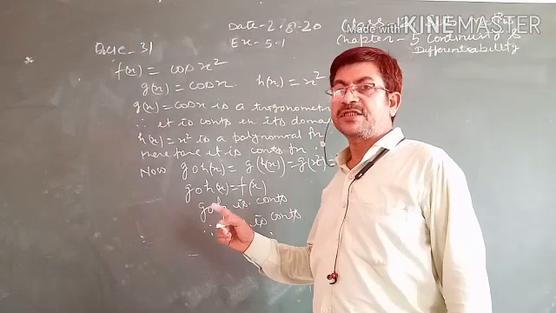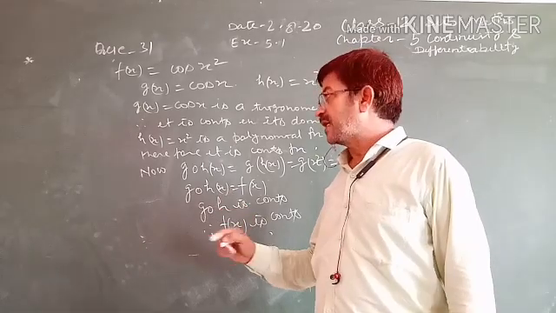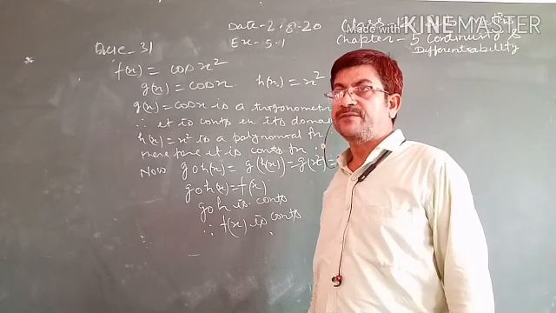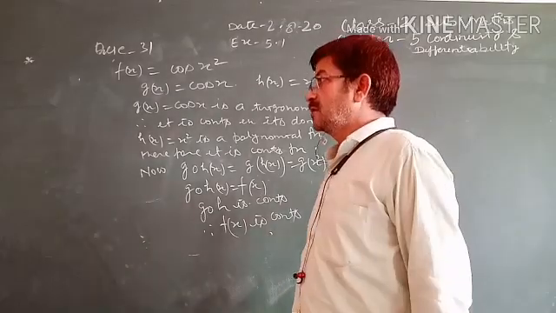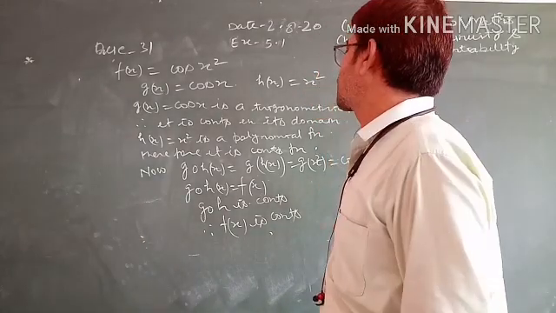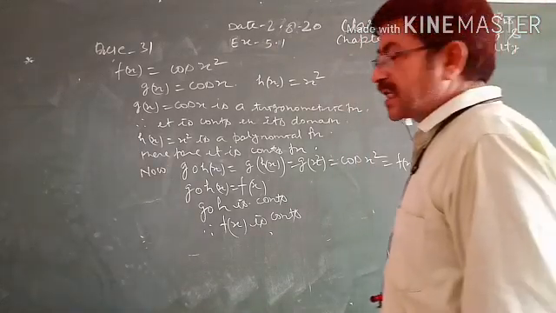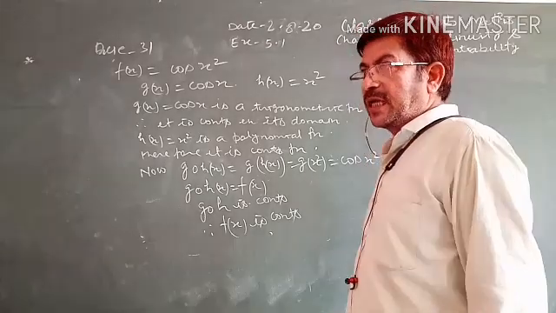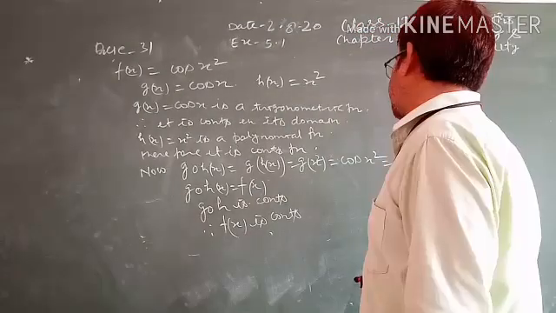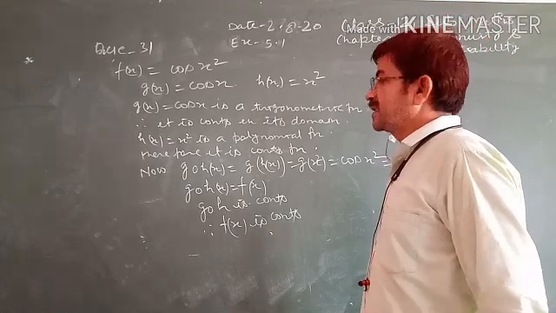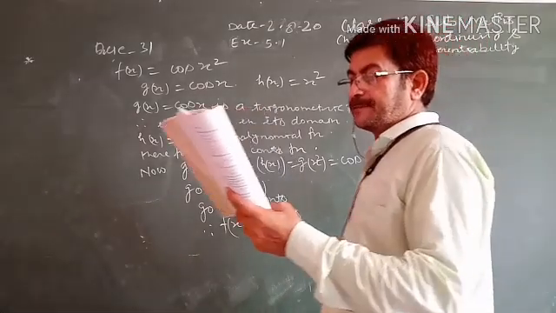Therefore, their composition function would be continuous, and g circle h, the composition of g and h, is equal to the given function f(x). Since g circle h is continuous, therefore f(x) equal to cos x square is continuous.